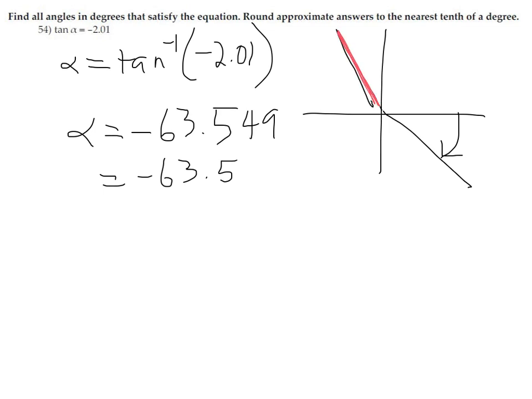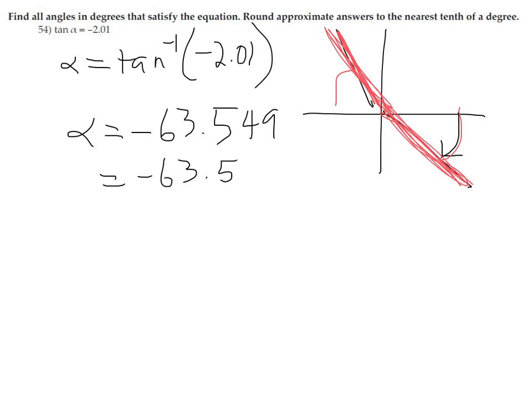This one, and this one. So those are the two spots where tangent is negative. And the reference angle is the same. Now this means that we can actually get our solutions in nicer ways. But first let's figure out where it is.